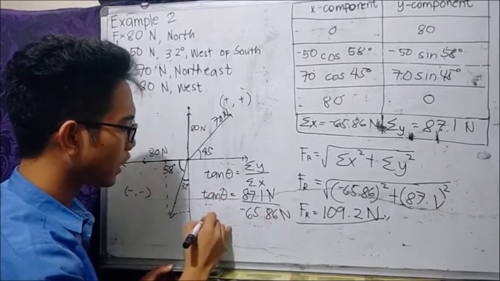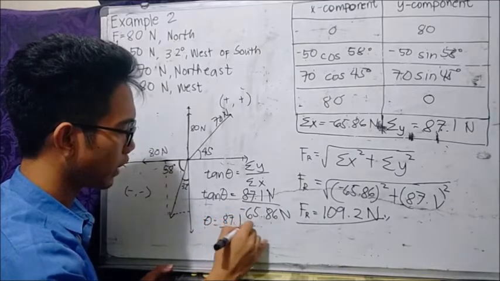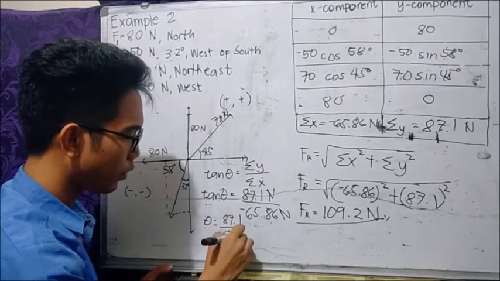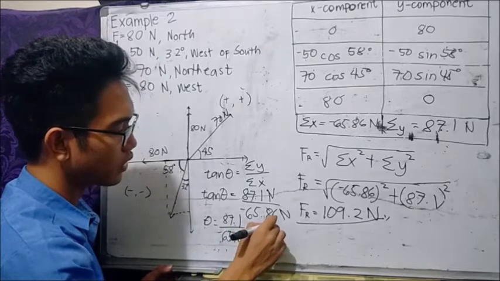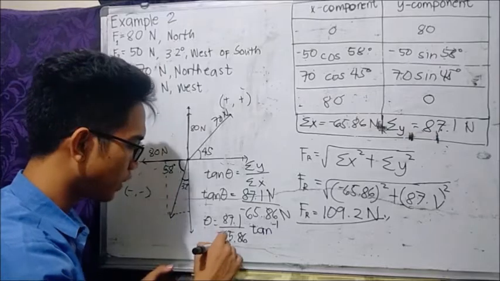We have theta is equal to arctan of 87.1 divided by negative 65.86, and that is equal to theta is equal to negative 52.9 degrees.